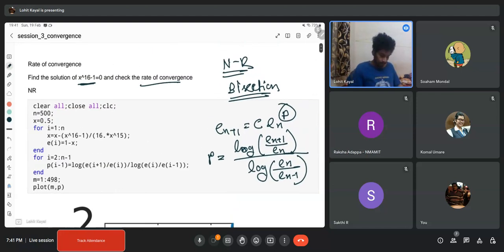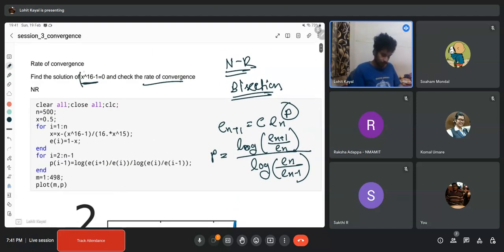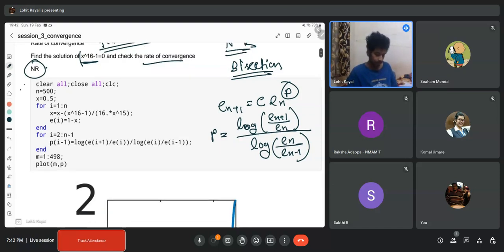Now, I have considered this function, x to the power 16 minus 1. This is your fx. Here the first method is the Newton-Raphson technique. Small n is my maximum number of iterations, n equal to 500.